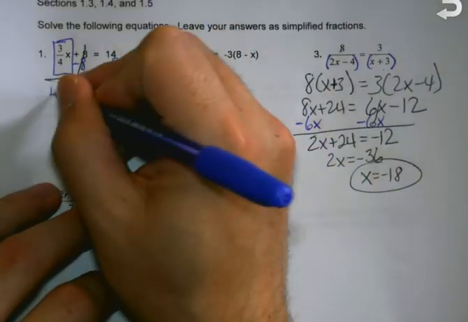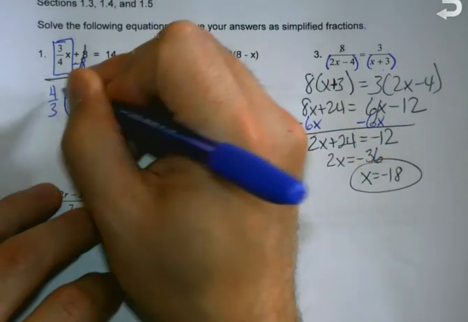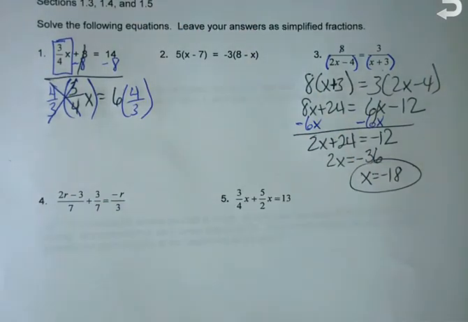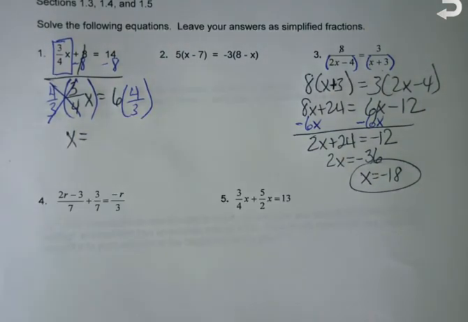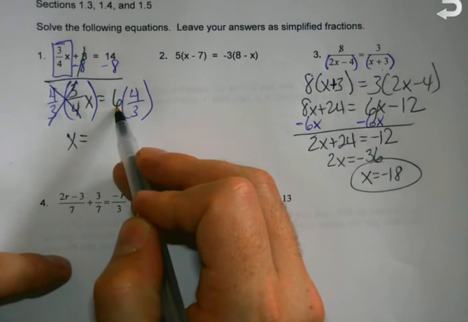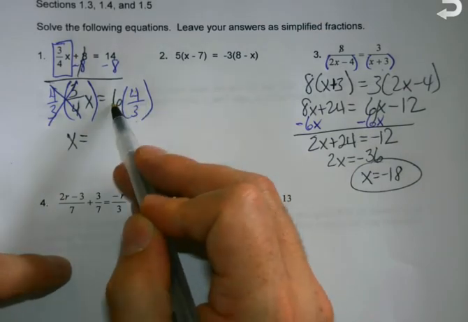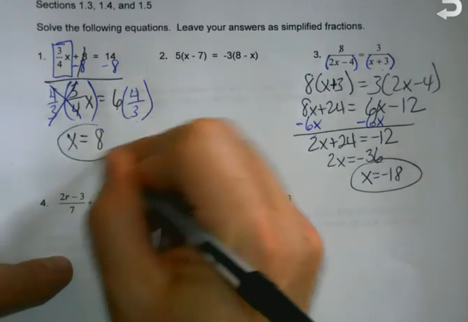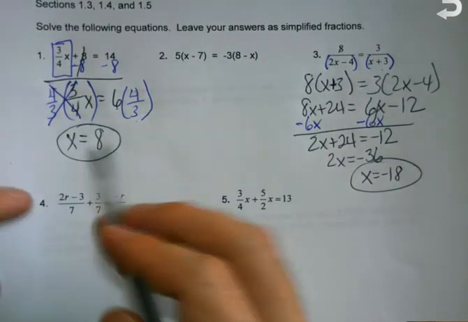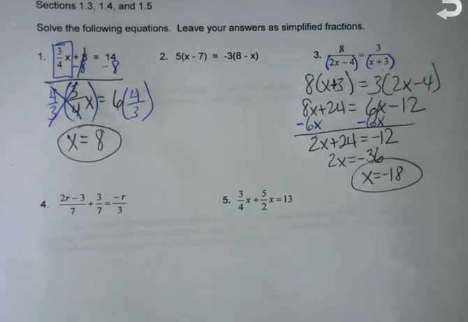I like taking this on by multiplying by the reciprocal, because I can knock that out in one big swoop. And then I just remind myself, oh yeah, when I get to the 6, it's multiply times the top, divide by the bottom. 6 times 4 is 24, divided by 3 is 8. And if some of you go through and multiply by 4 first, get an answer, and then divide by 3, that works.